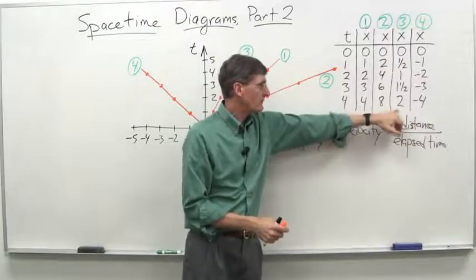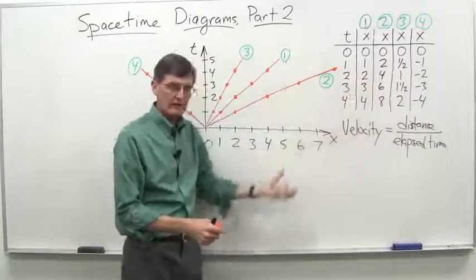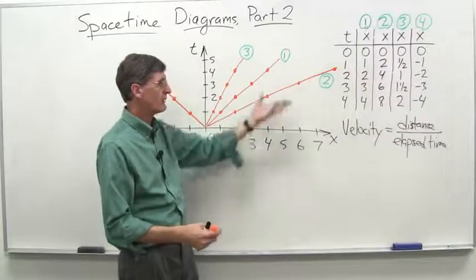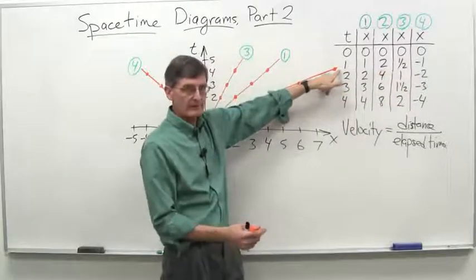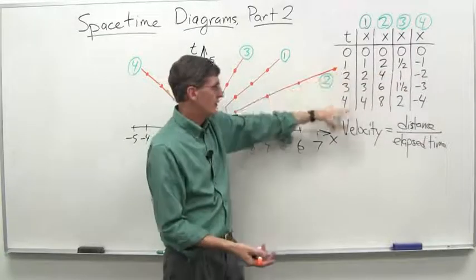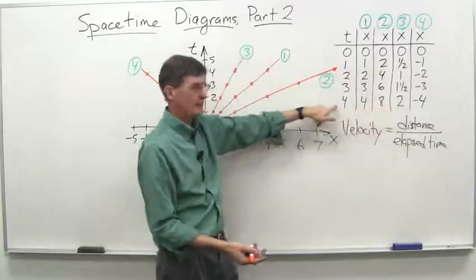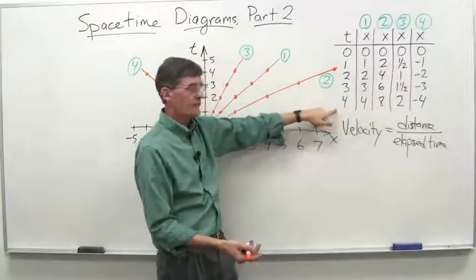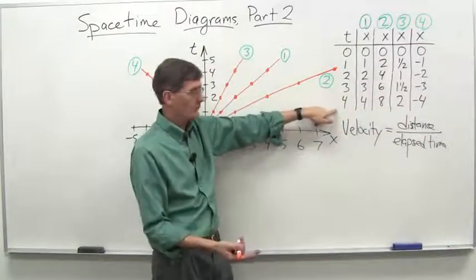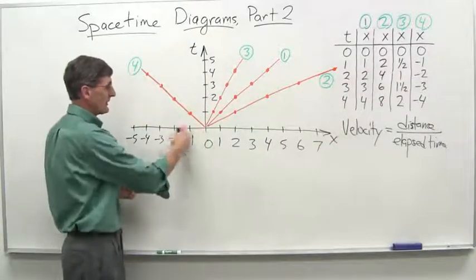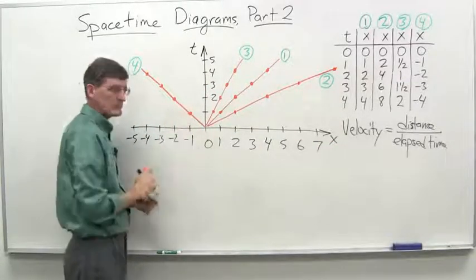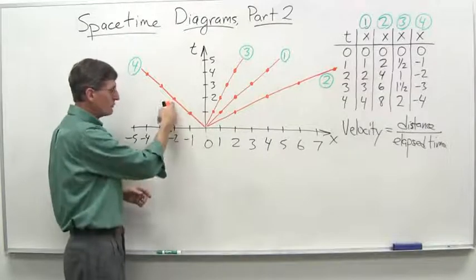Velocity in this case, again, because it's a constant velocity, we're not changing the velocity. We can just pick any given point and read it off. But we've got 1/2 meter in 1 second. So that's 1/2 meter per second. If we did 2 meters in 4 seconds, 2 distance divided by 4 seconds, 1/2 again, 1/2 meter per second. And then the final version is -1 meter in 1 second, -2 meters in 2 seconds.